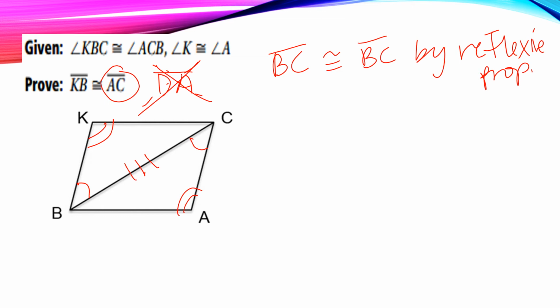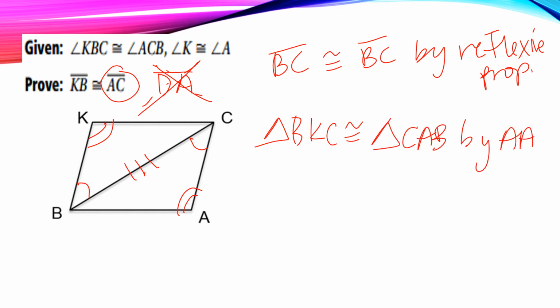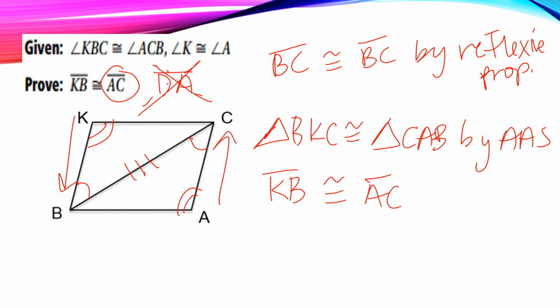And then because I have angle side, I can say that triangle BKC is congruent to triangle CAB by angle side. Again, you need to use one of the 4 things that we learned on Monday or Tuesday. Now, because I said that the 2 triangles are congruent, I can go ahead and use CPCTC to show that these corresponding parts are congruent to each other.